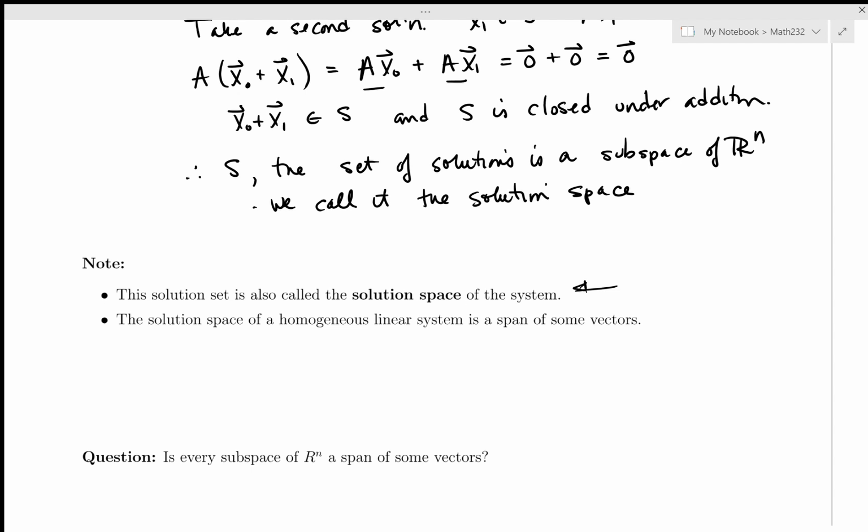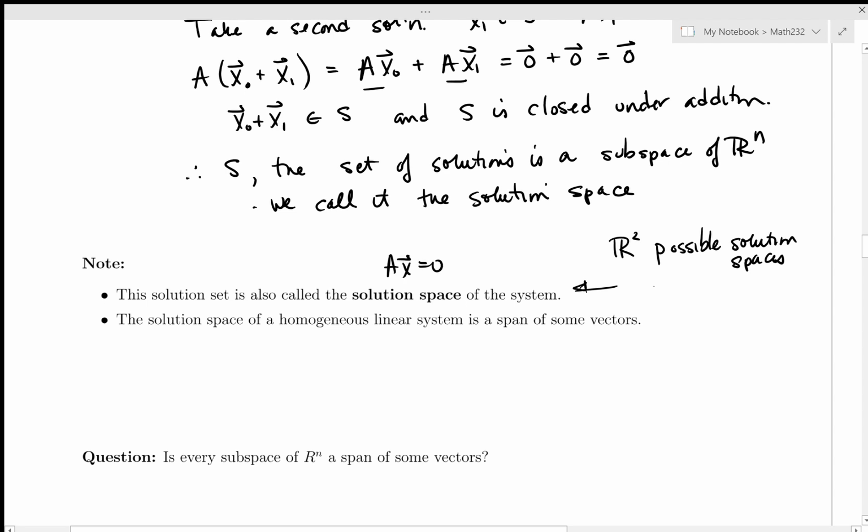Let me just say what I wanted to say here: if we are here in R2, what are the possible solution spaces? So we're still thinking of the homogeneous linear system. Well, there is the possibility of the zero vector, the trivial solution only.